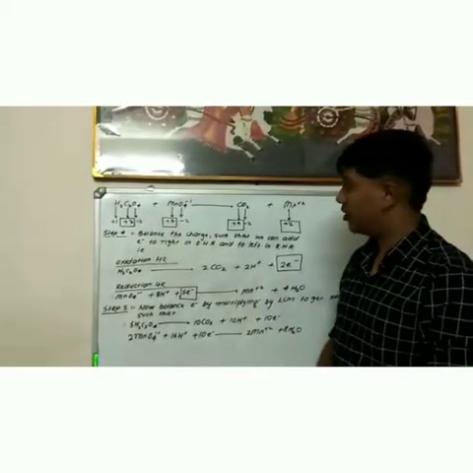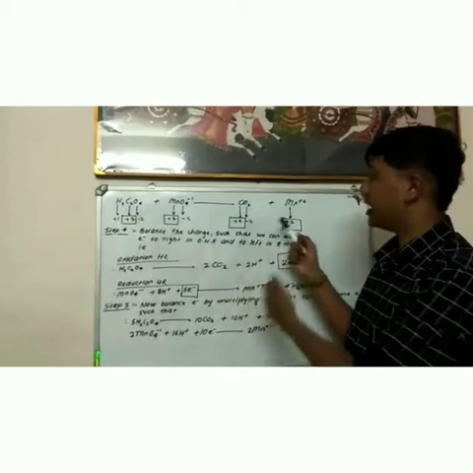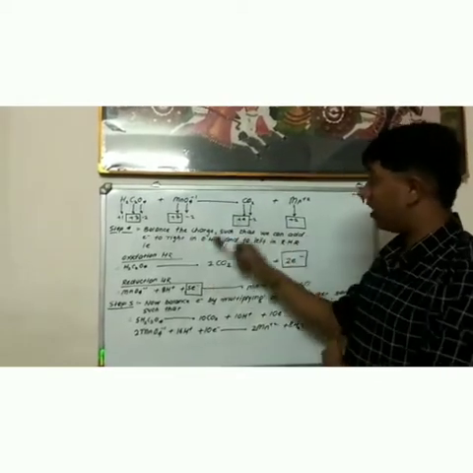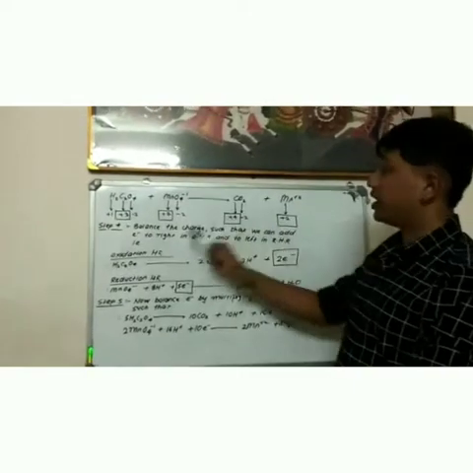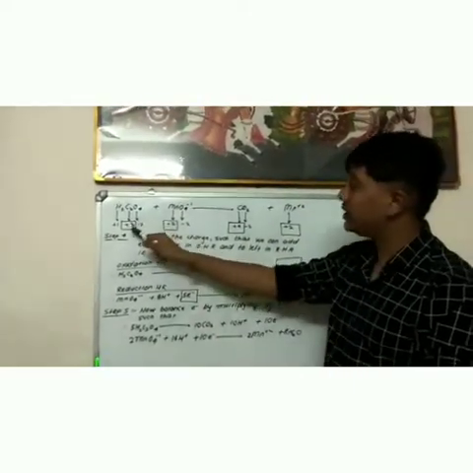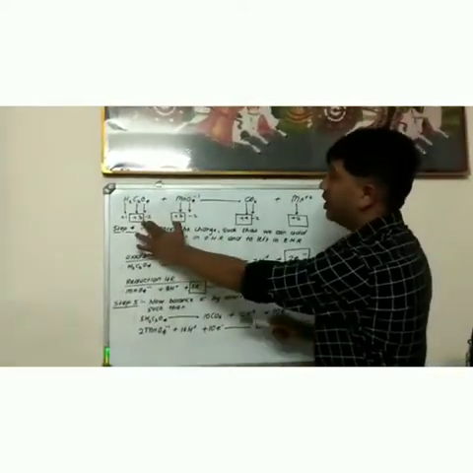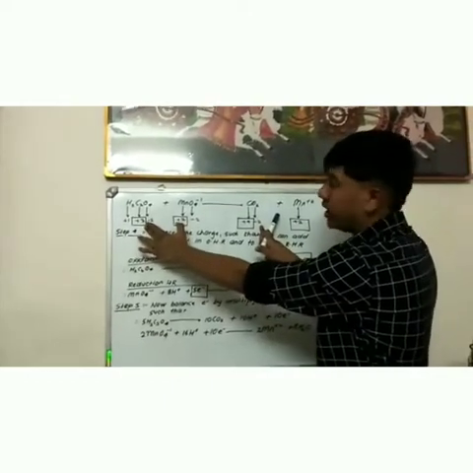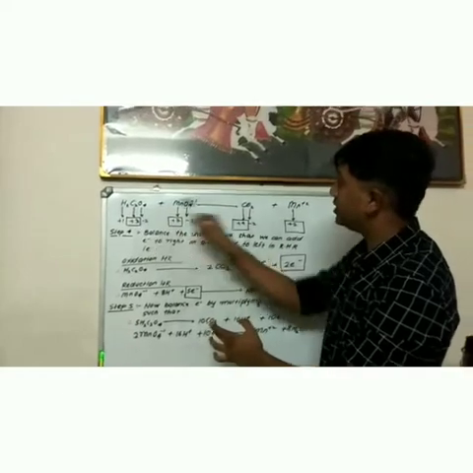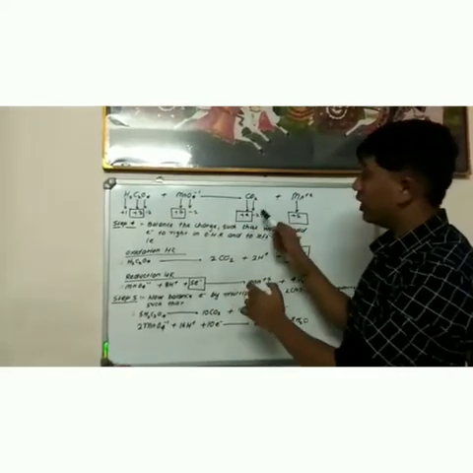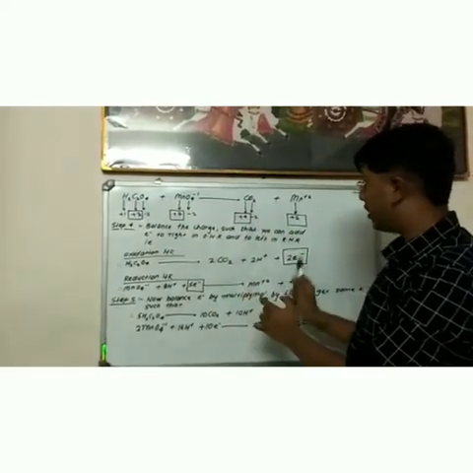Let's move to step 4, that is balance the charges, such that we add electrons to the right in the oxidation half reaction and to the left in the reduction half reaction. Here, as you can see from the oxidation number, carbon is getting oxidized from plus 3 to plus 4. So what will be the net oxidation? Plus 2e.